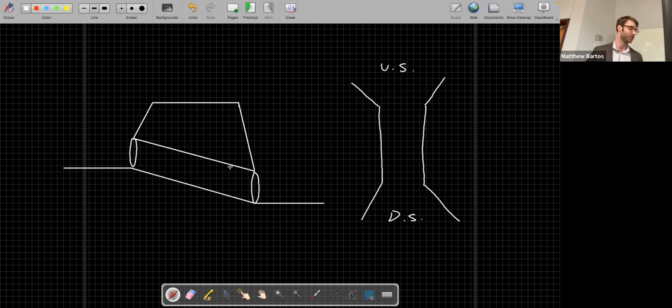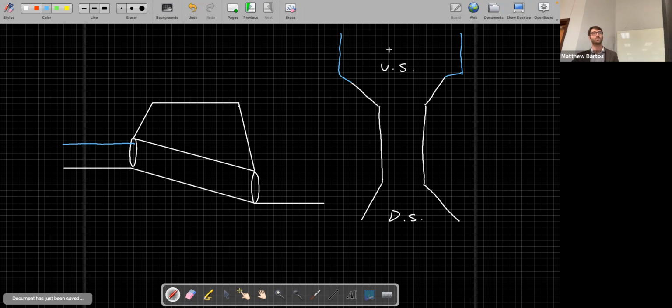Okay, so we're going to get a contraction. Let me define a few terms here. Let's say we have our water surface coming in. We're looking at the unsubmerged case, so it's underneath the top elevation of the culvert. So we have water coming into a contraction, a smooth transition in width.